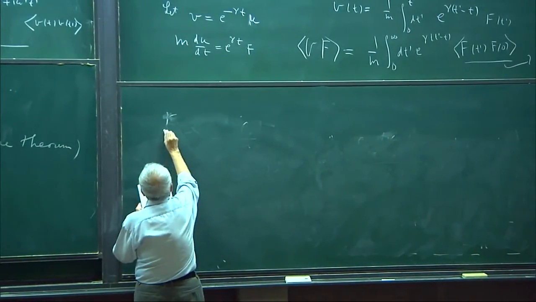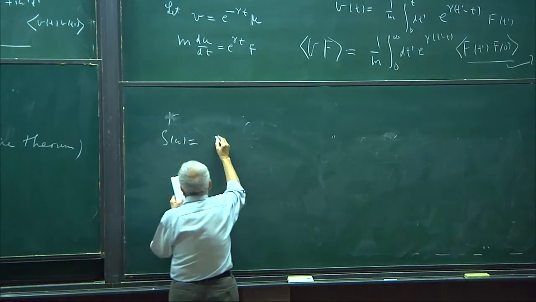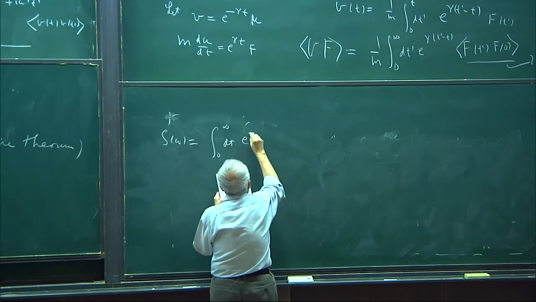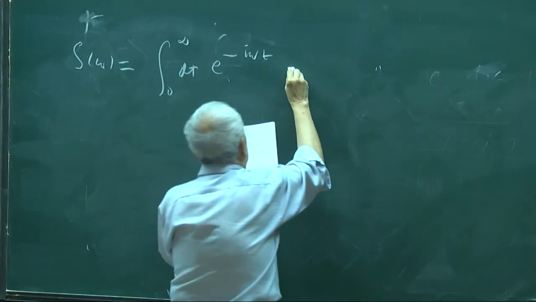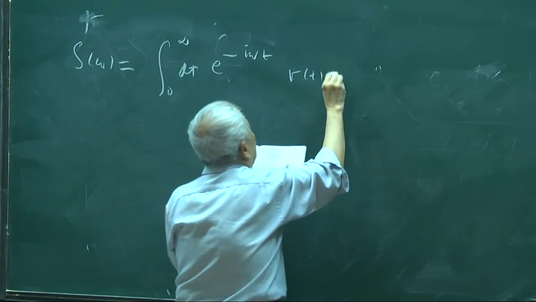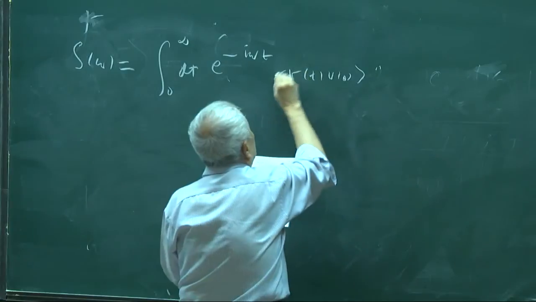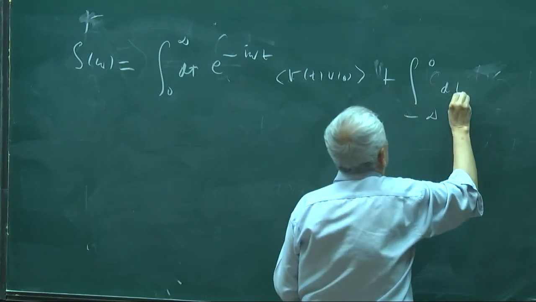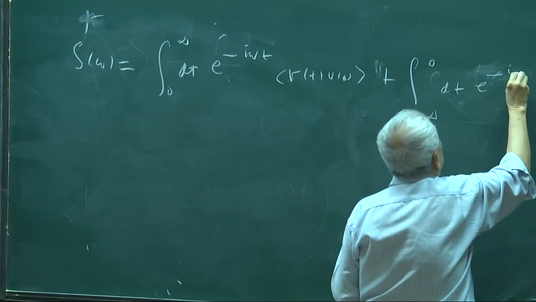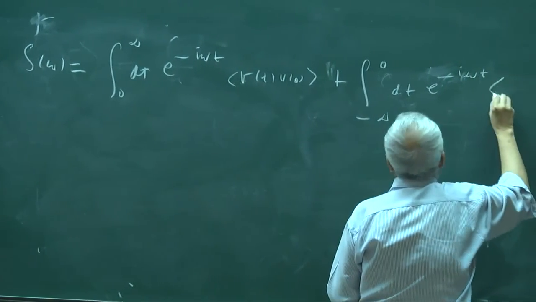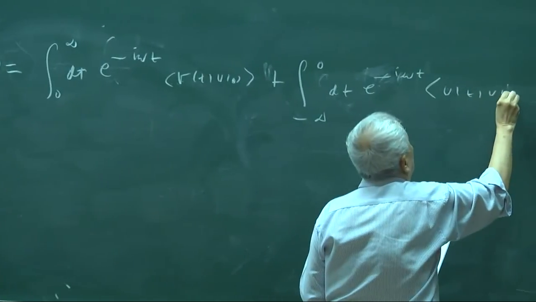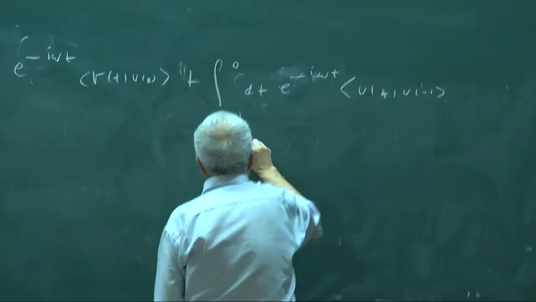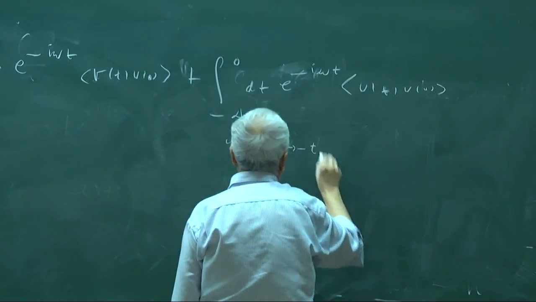You say that S of omega is equal to, you write the integral from 0 to infinity dt e to the minus I omega t of the average of v of t v of 0, plus that other term, from minus infinity to 0 dt e to the minus I omega t of v of t v of 0, and in this term you let t go into minus t as a substitution.